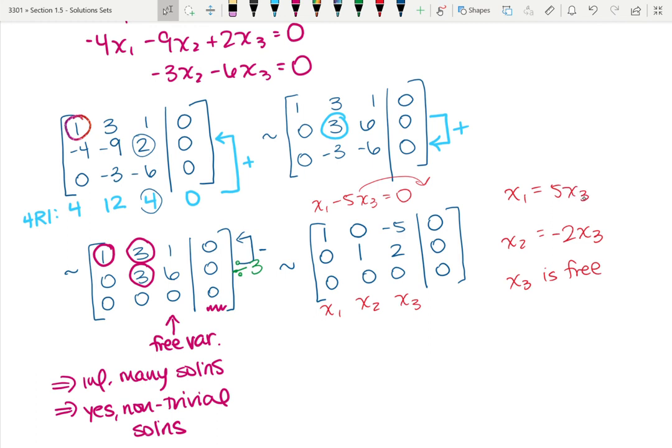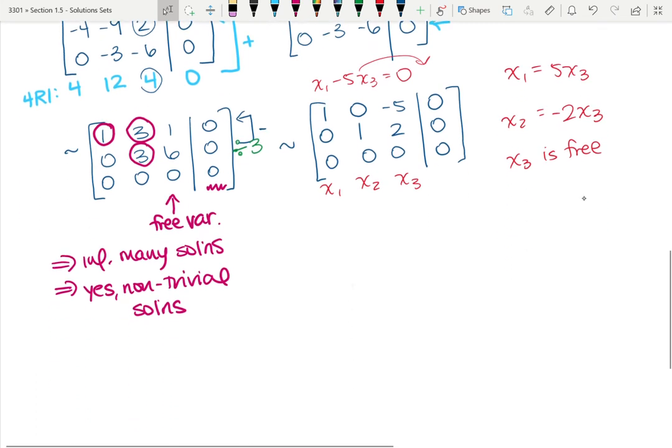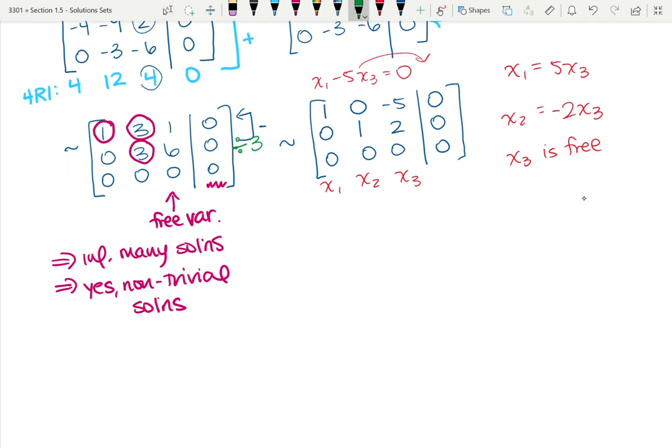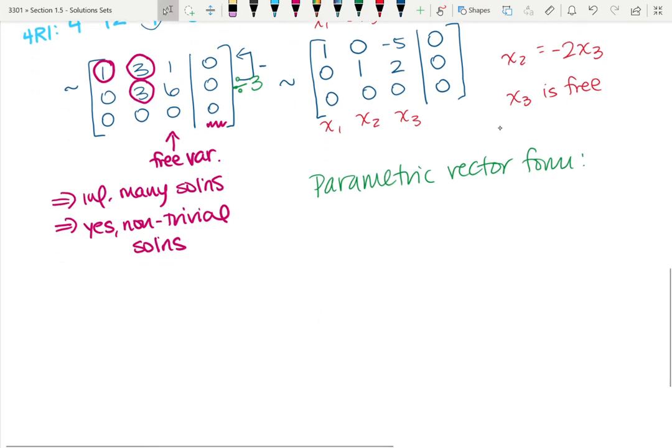All right, so parametric vector form. Basically what we're doing is parameterizing our solution with the free variables. So I'm going to take this x1, x2, x3 and write it as a vector. My vector x is x1, x2, x3.